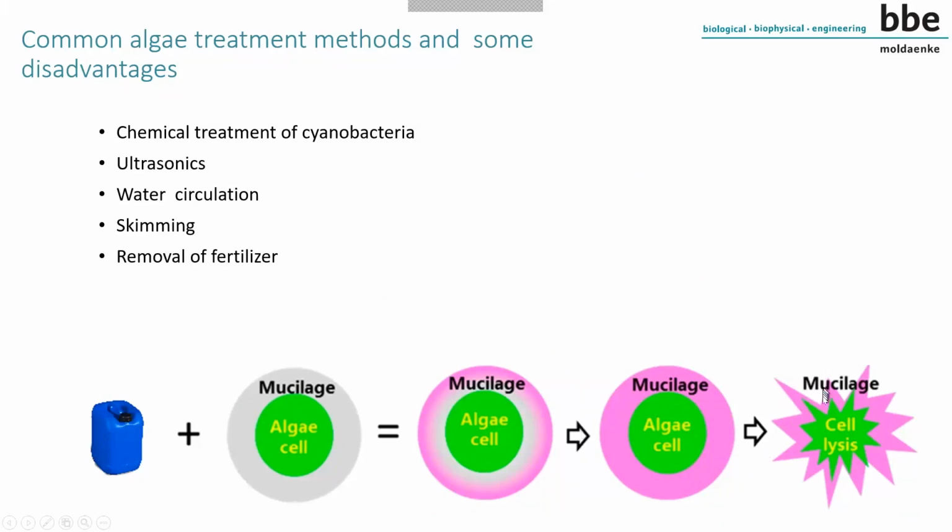With the cell lysis, you potentially make the problem more severe, because you can also release all the other contents of the cell, including the biotoxins. So even if you destroy the cells, you cannot eliminate the effect of biotoxins inside of the water. Of course, there are trials to oxidize these biotoxins as well, but it is not always very helpful.